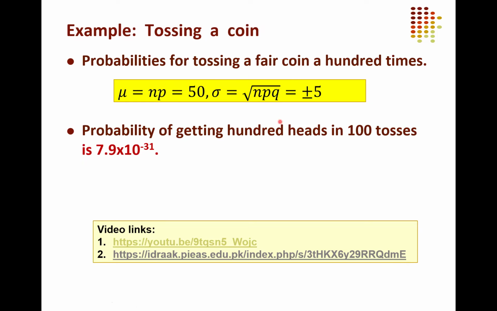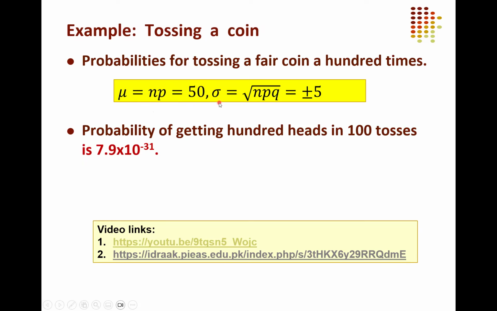With this problem, we can calculate the estimates of probabilities for any number of successes, like 60 successes, 70 successes, 40 successes, by using the binomial formula, as well as by using the normal distribution about this mean value and sigma value.